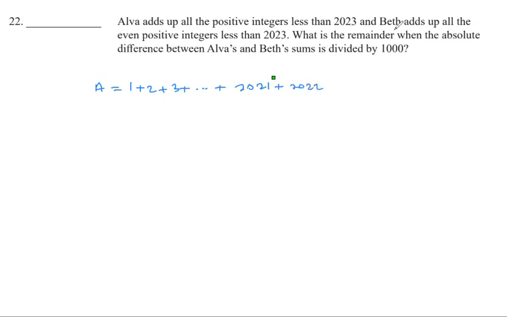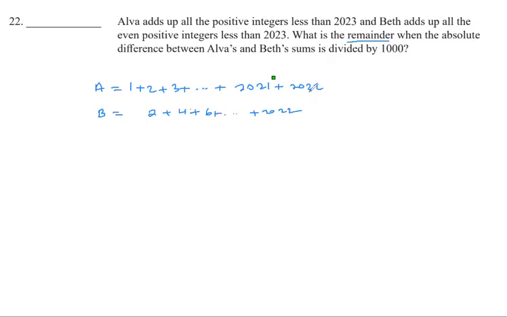And then another person, Beth, is adding the even positive integers, and the sum is B. So we are going to just add the even numbers: 2, 4, 6, all the way to 2022. What we want is the remainder when you divide the absolute difference between these two sums by 1,000.